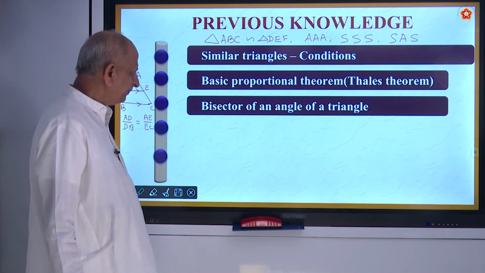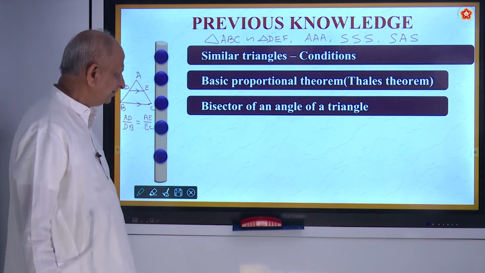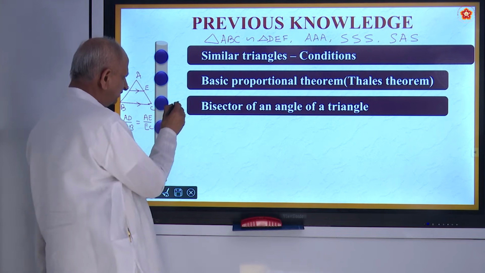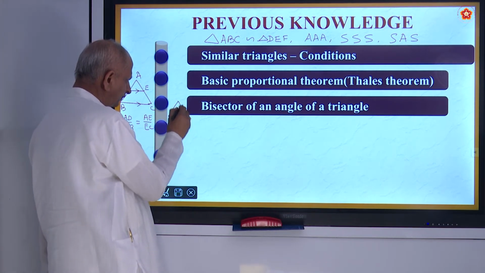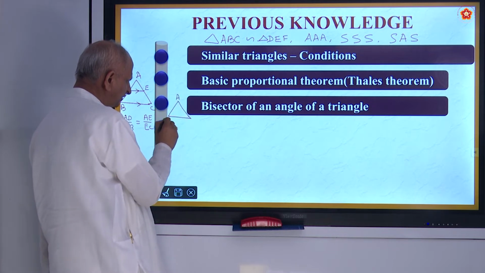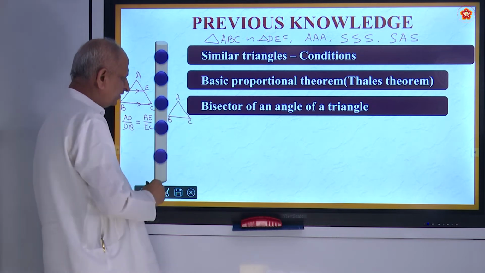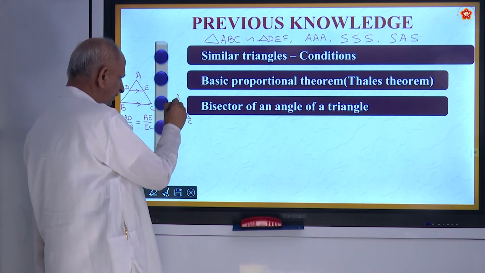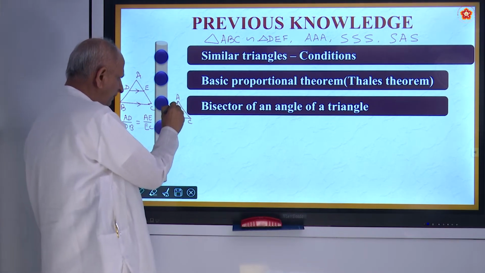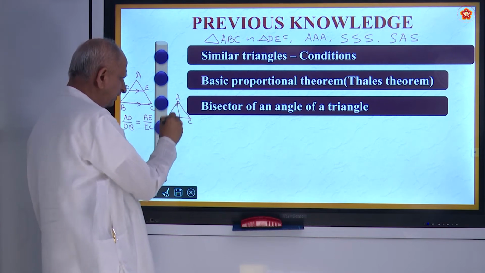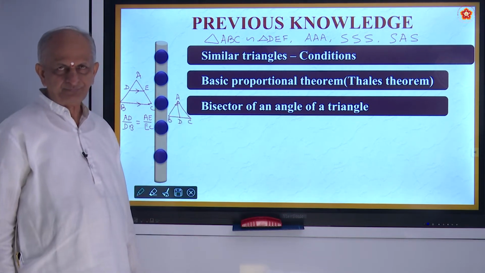We also studied about the bisector of an angle of a triangle. So if a bisector is drawn, then the ratio of the sides, suppose ABC is a given triangle. Let us suppose AD is the bisector. And bisector means what? The two angles are equal.